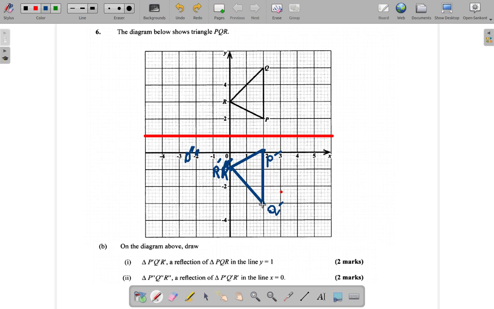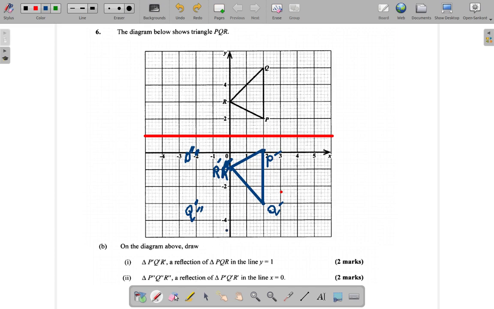And Q prime is 1, 2 on the right of the mirror line. So Q double prime would be 1, 2 on the left. So it would be right here. Q double prime.